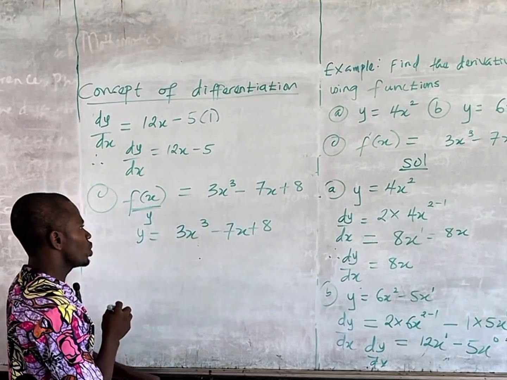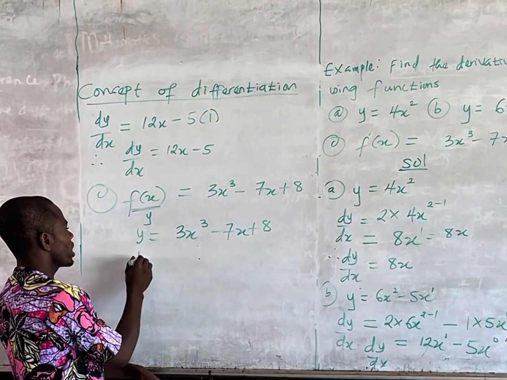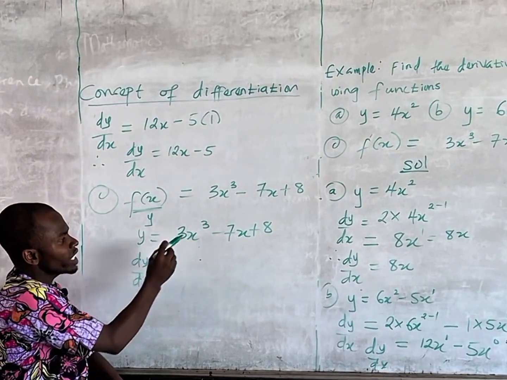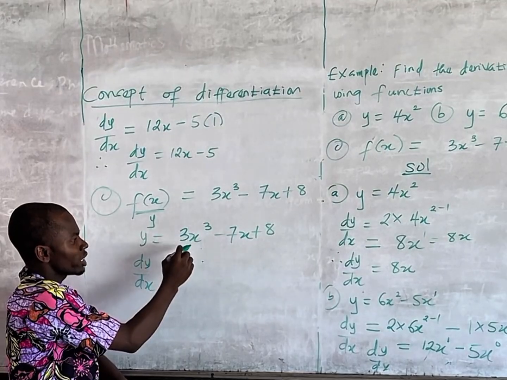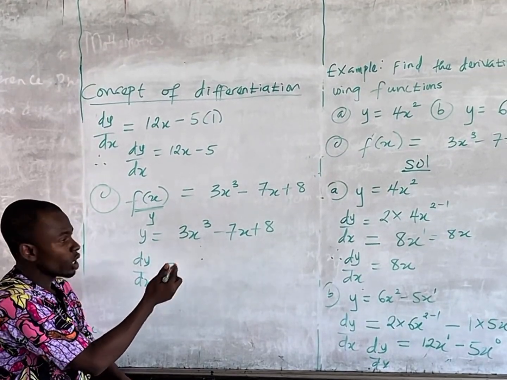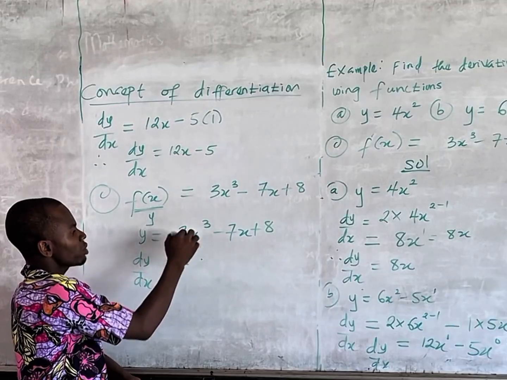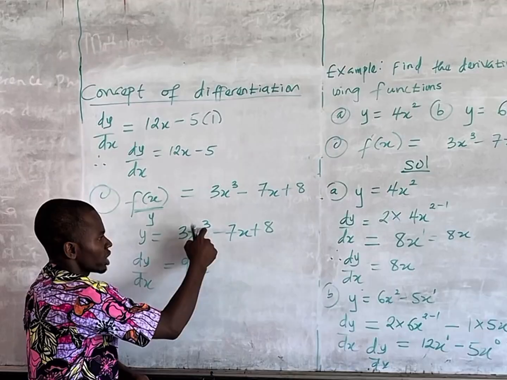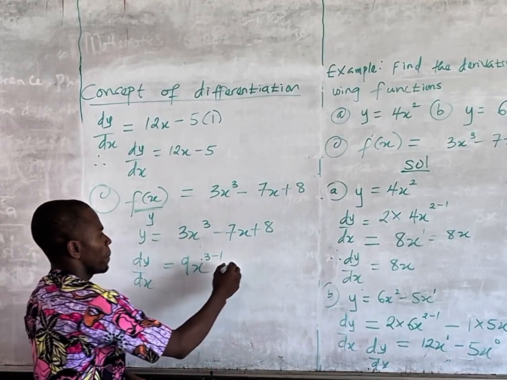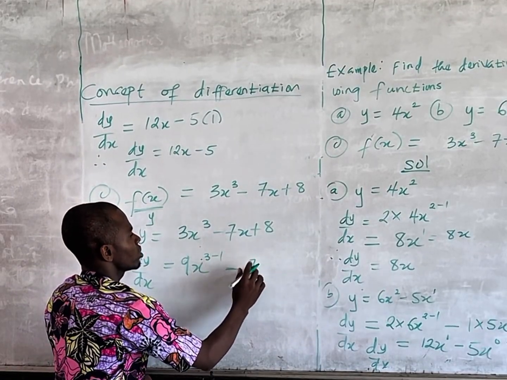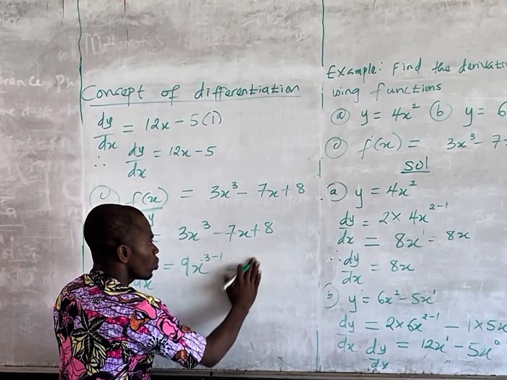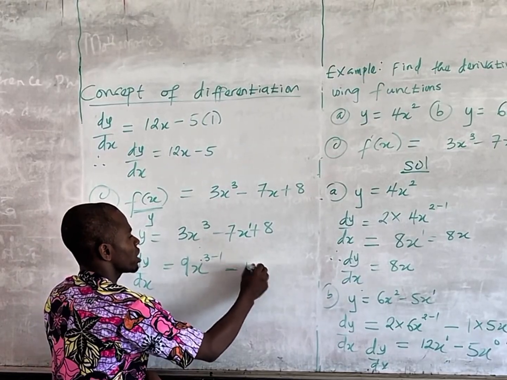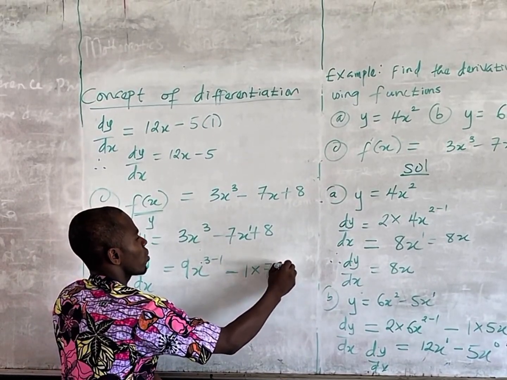Now, for me to generate dy over dx, the power 3 we multiply by the coefficient. I'm very sure we have understood now. 3 times 3 is 9, x raised to the power of 3 minus 1. Minus 7, we can show the working: ordinary x means x power 1, so minus 1 times 7x raised to the power of 1 minus 1.